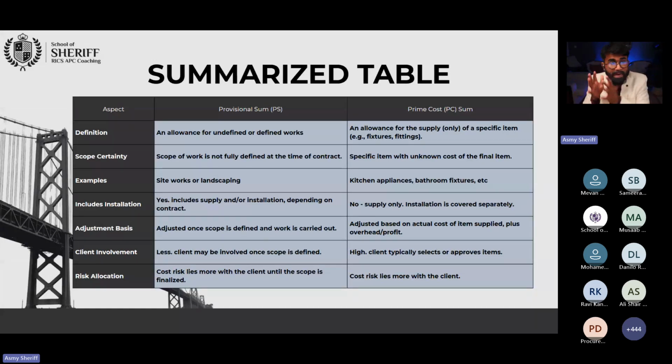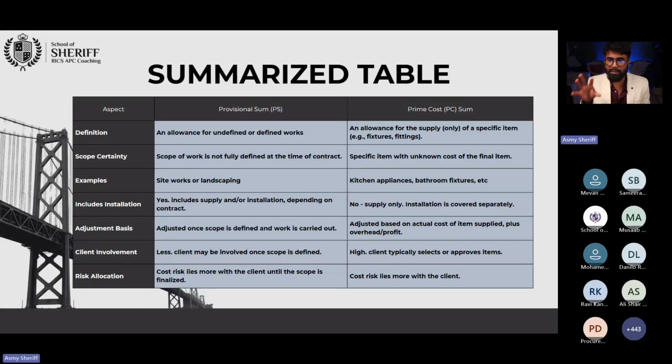Very specific items he hasn't decided yet. Also, the installation cost in the provisional sum scope is going to include construction, execution, installation, completion, everything. But when it comes to prime cost, only the supply of material cost will be there. Any other additional cost will come later.